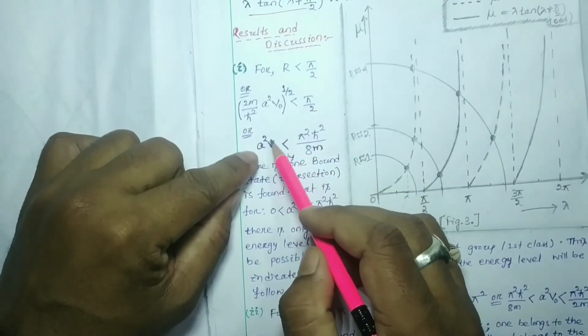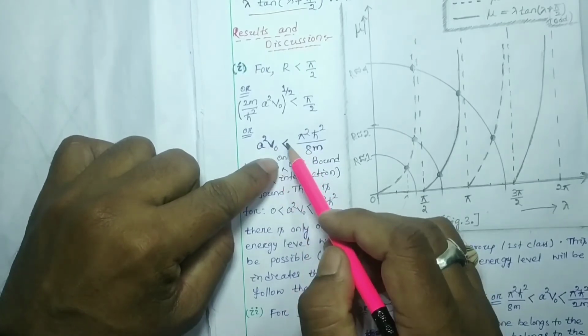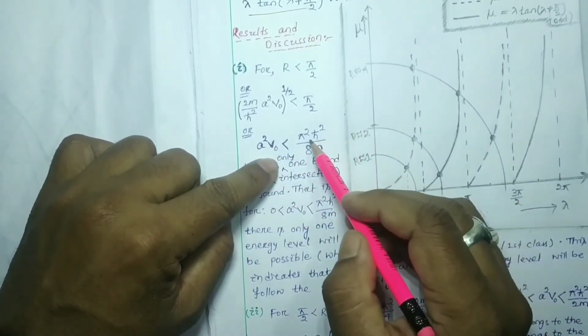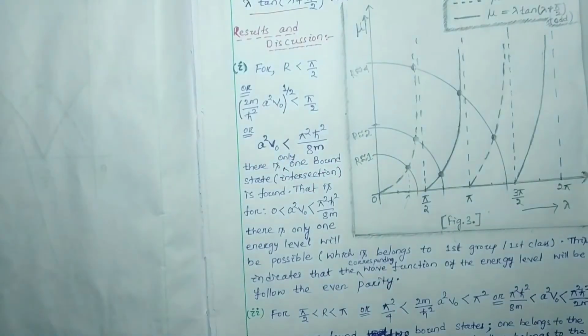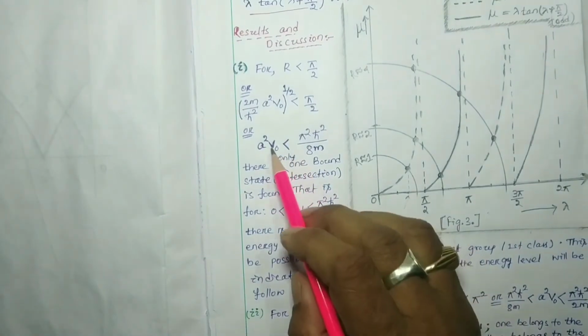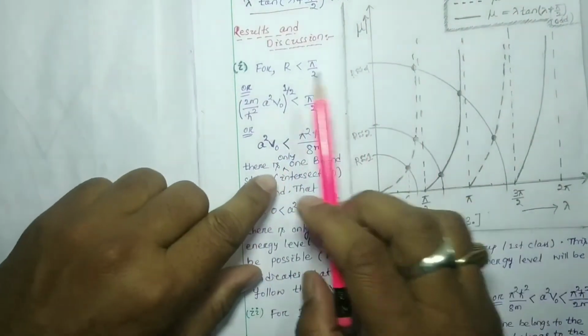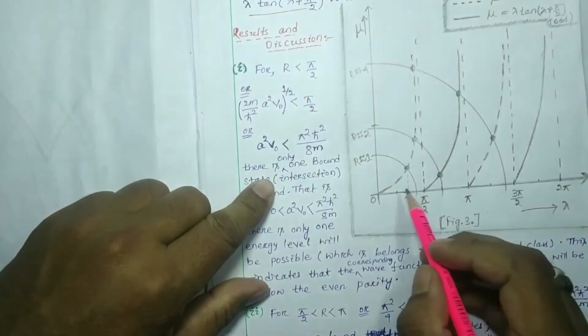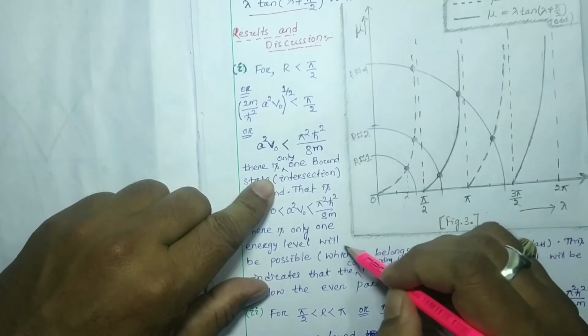Hence a square v0 will be less than pi square h square by 4m. For this case, whenever the radius is pi by 2, see here, this is the radius, and whatever I draw, this is the circle.